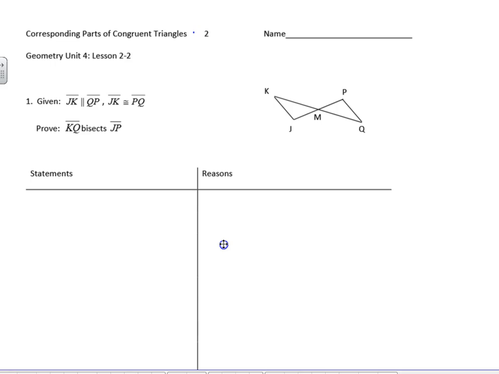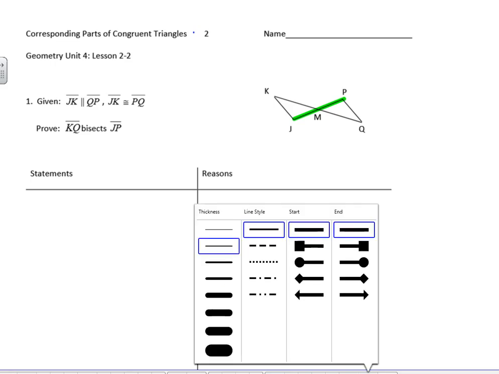So we're trying to prove here that KQ bisects JP. Well, if JP was being bisected, what would be true?